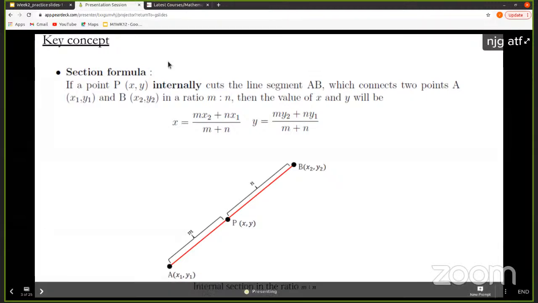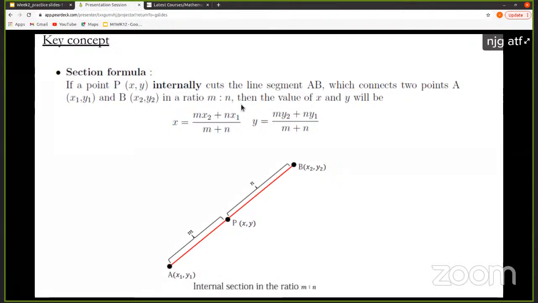You can actually go through these two equations only. You can find m and n by keeping x and y as variables. Think of m and n as the variables, and these are two equations in terms of m and n. Just find m and n in terms of x, x2, x1.